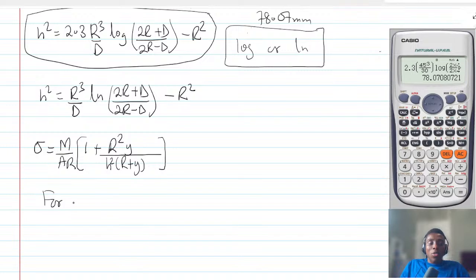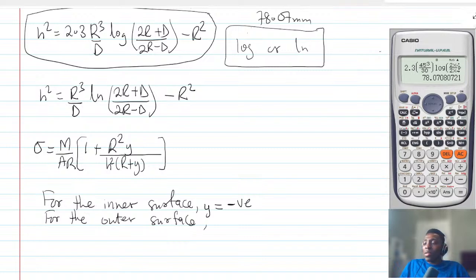For the inner surface, the y, or the fiber distance, is taken as negative, and for the outer surface, the y is taken as positive.